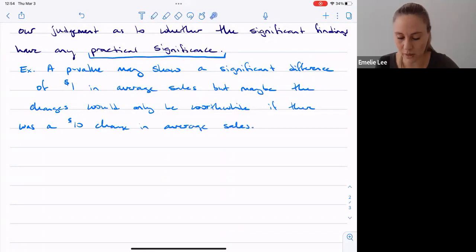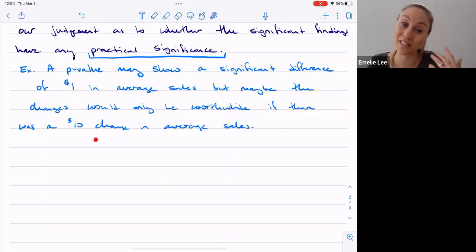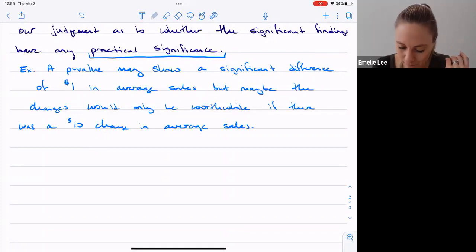I said change, but I should probably say increase, because change means what? It means a decrease of 10 or an increase of 10, but I think we all understand that it should be an increase, right?